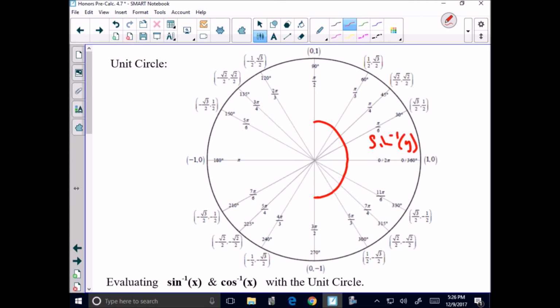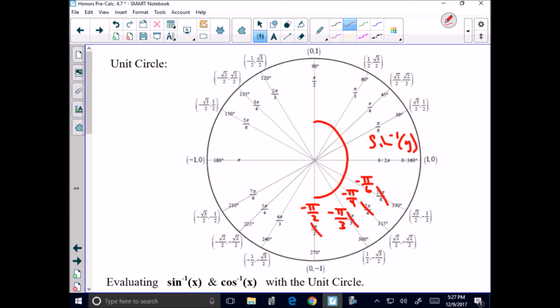Now what that means is that the rotations of 3/2 pi, 5/3 pi, 7/4 pi, and 11/6 pi are actually going to be given as outputs negative pi over 6, negative pi over 4, and negative pi over 3, with that final rotation as negative pi over 2.